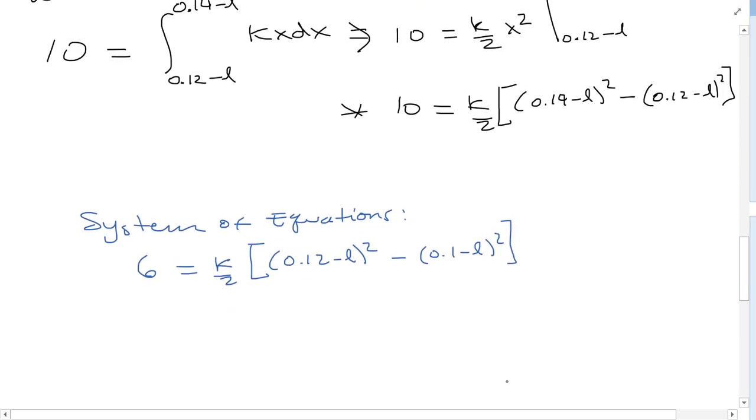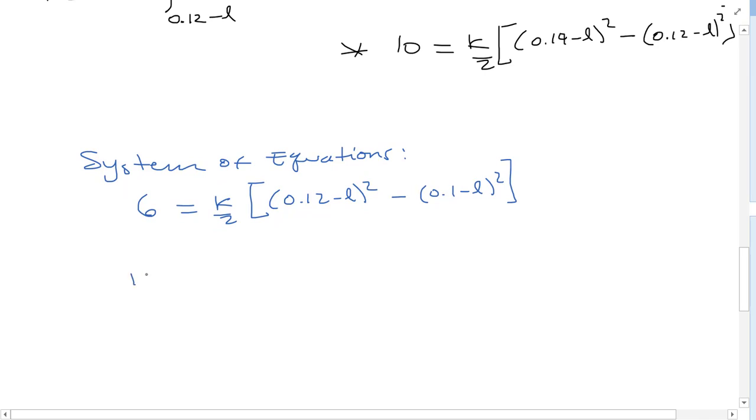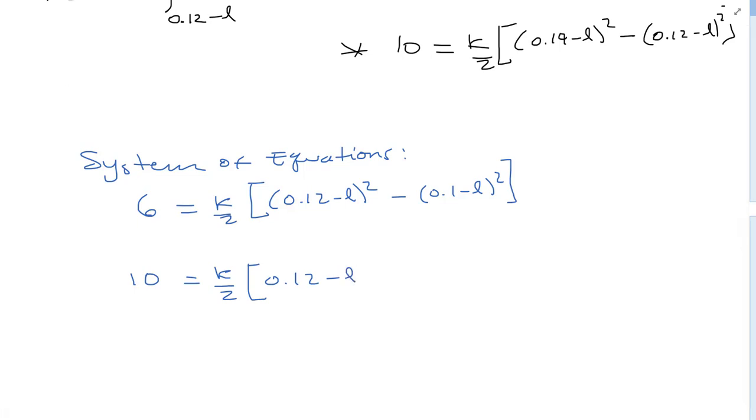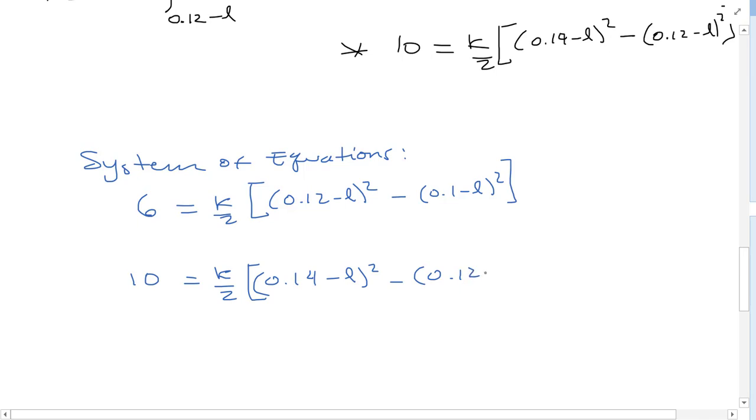So that's one equation. The other one is 10 equals k over 2 times (0.14 minus L) squared minus (0.12 minus L) squared.